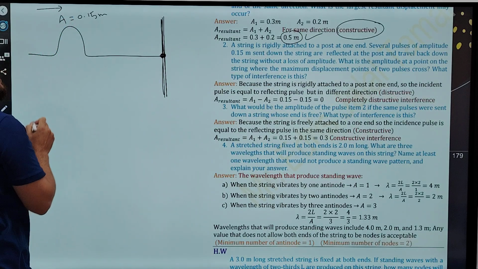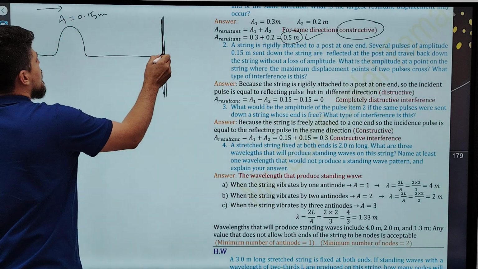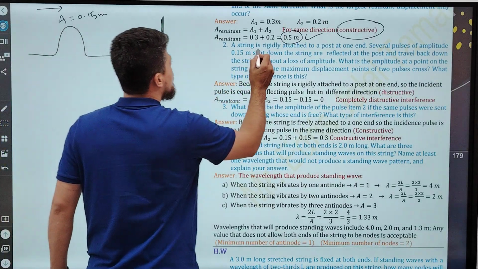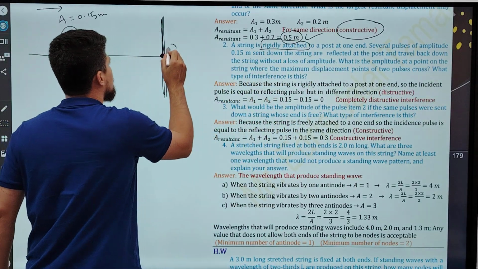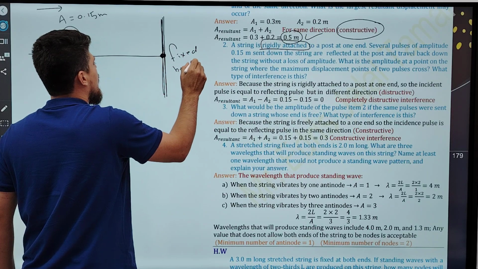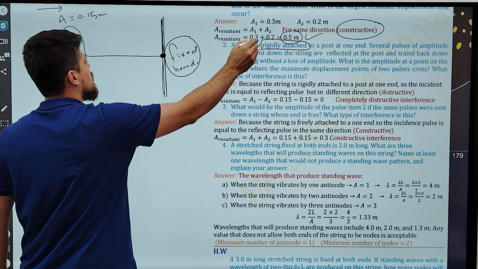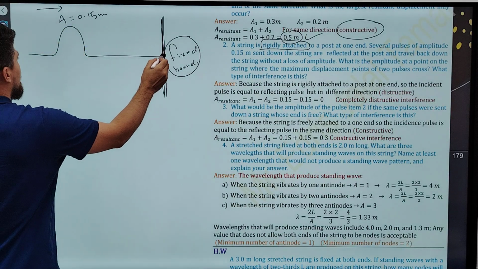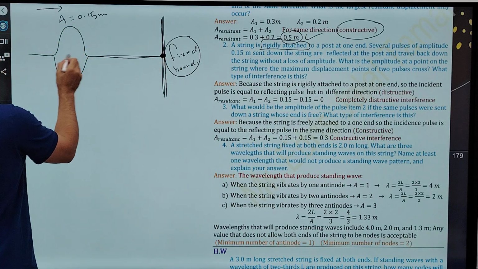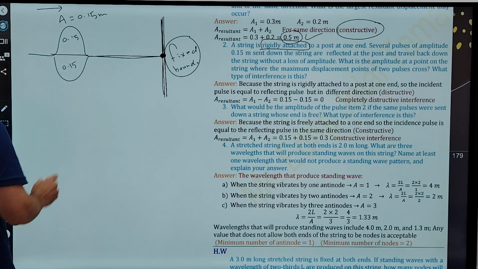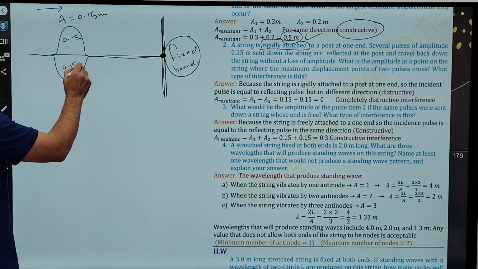This is the incidence pulse, because the end is rigidly attached. What do you mean by rigidly attached? It means that fixed boundary. How did you know this is fixed boundary? Because the question says rigidly attached. It means that fixed. In the case of the fixed boundary, the incident is 0.15, and also the reflected ray is gonna be 0.15.